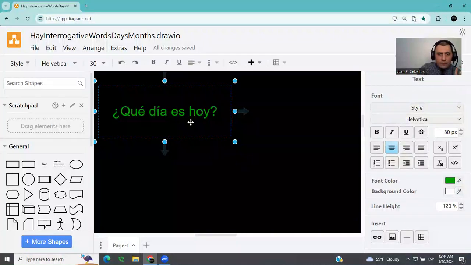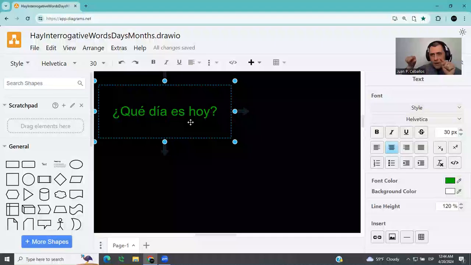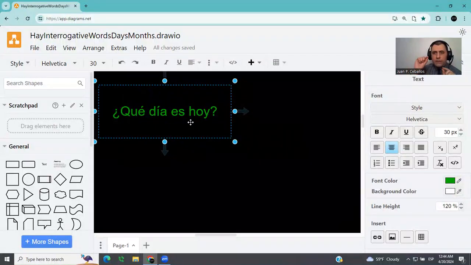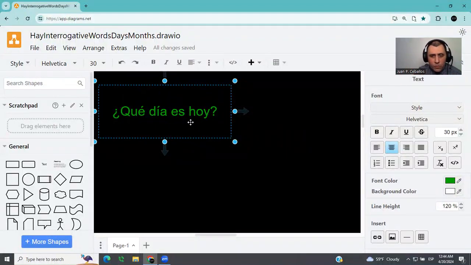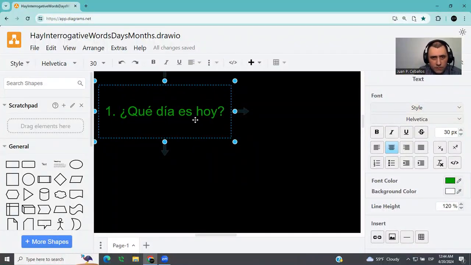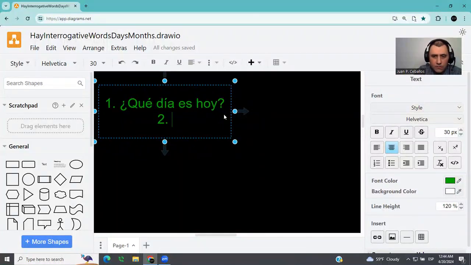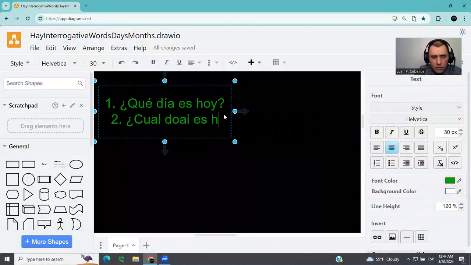Now, qué, in this case, when you have what plus a noun, you can translate that in two ways. This is the first one. The second option will be ¿cuál día es hoy?